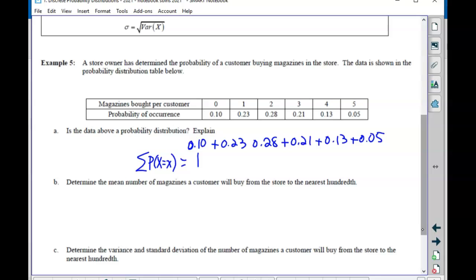Okay, so the mean number of magazines a customer will buy, that's the same as the expected value. Mean in a probability distribution is the same as the expected value. So in this case, we can't just show it in a factor, we actually have to do it separately. So 0 times 0.1 obviously is 0, but you can show it in your notes just so you make sure that you understand.